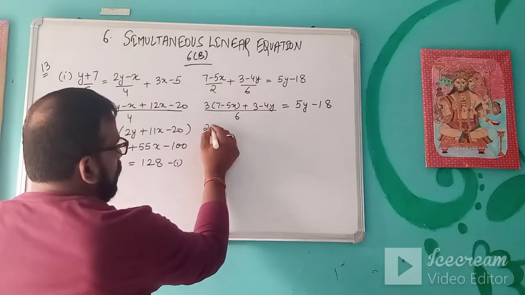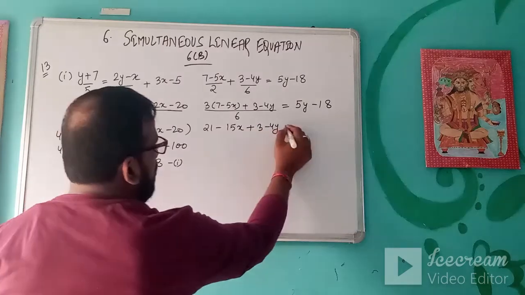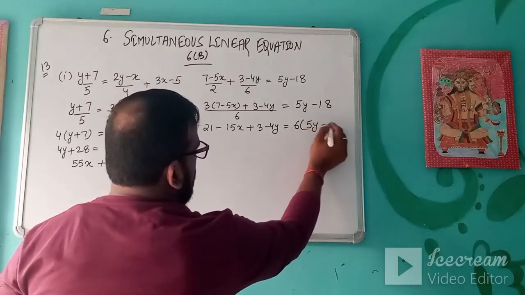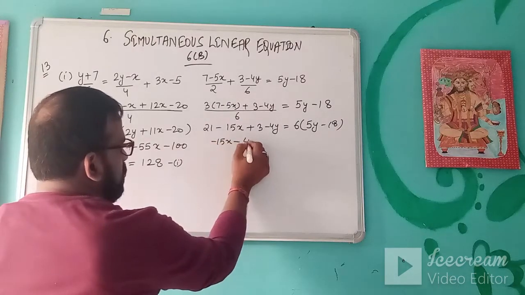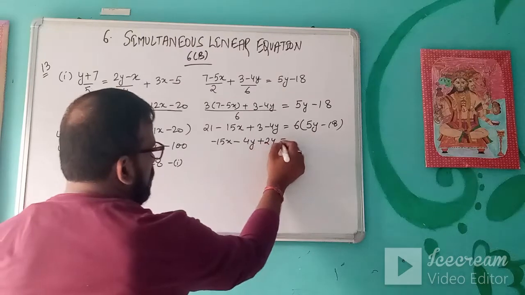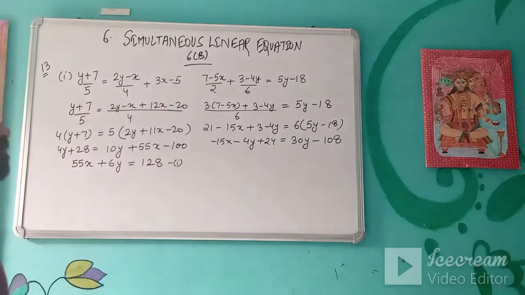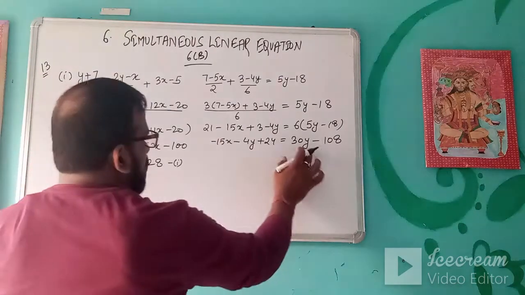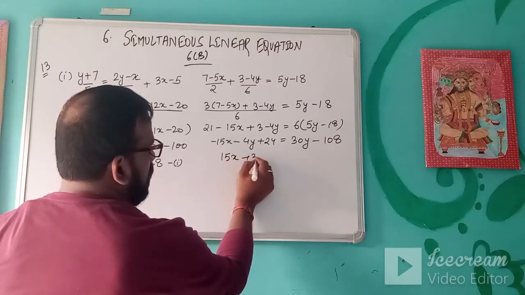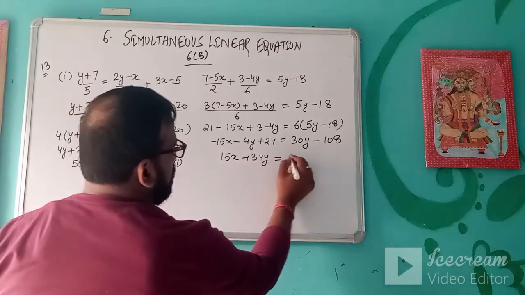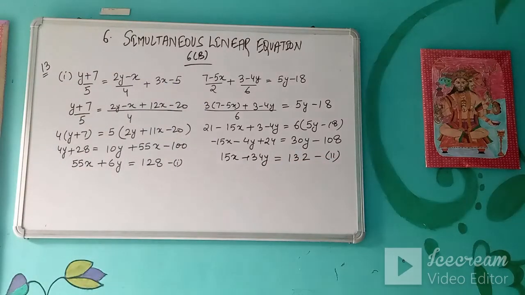So 21 minus 15x plus 3 minus 4y equal to, this 6 will come here, so minus 15x minus 4y plus 24 equal to 30y minus 108. Then again we will take all the terms to one side. So it becomes 15x plus 34y equals 132. So this is our second equation.